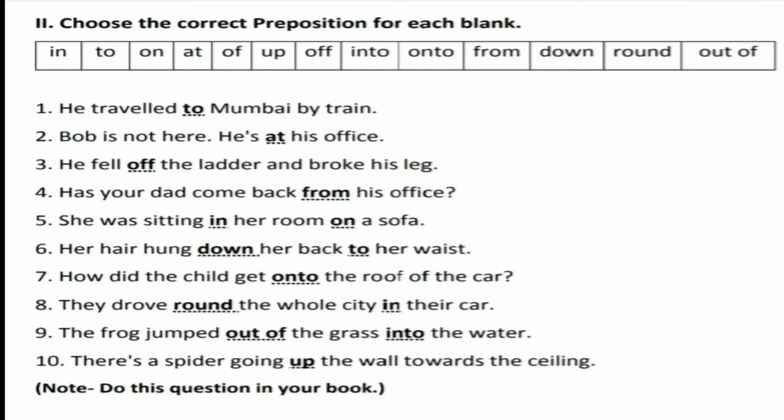Next one is her hair hung dash her back dash her waist and the answer is down and to. 7. How did the child get dash the roof of the car and the answer is onto. My dear student, the rest of the questions you have to do yourself and do these questions in your book.